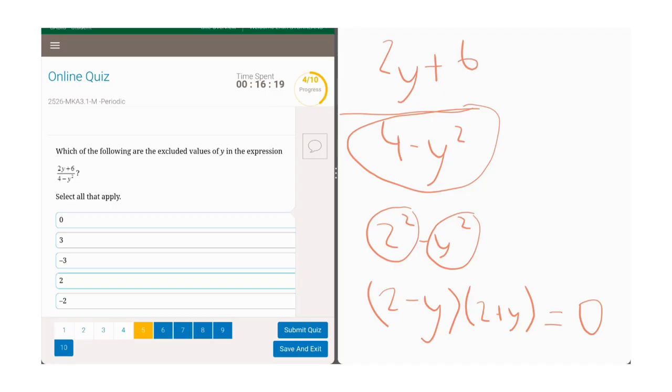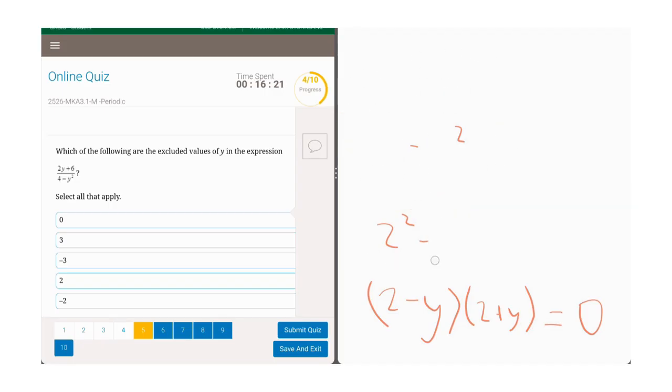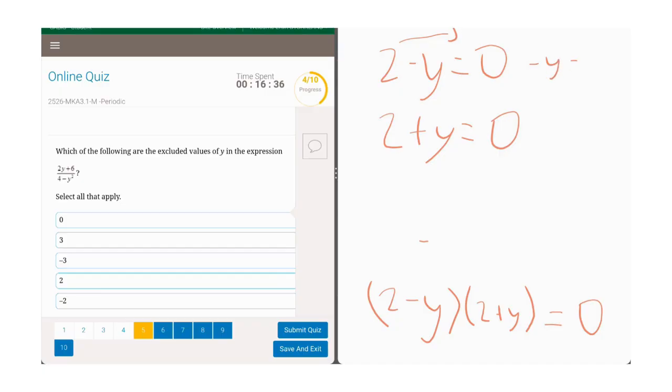So now we have to find the values. 2 minus y equals 0, 2 plus y equals 0. For the first equation, we move 2 to the other side, get minus y equals negative 2, remove the minus sign, get y equals 2. In the second one, we move 2 to the other side, y is equal to negative 2.